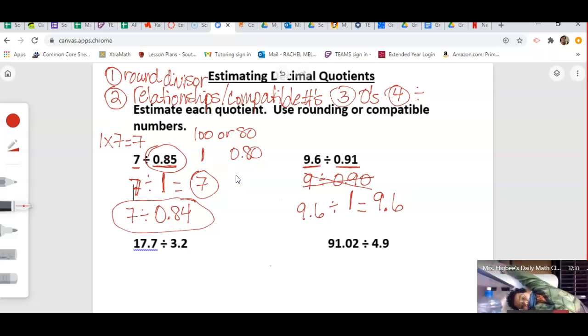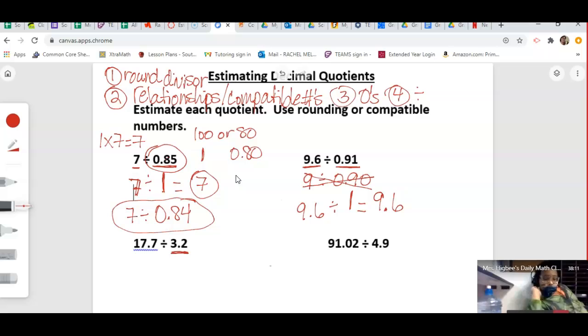Now looking at 17 and 7/10 divided by 3 and 2/10. I'm going to start calling on some people that I haven't heard from yet. Antoine, what would you do with 3 and 2/10? Okay. Wyana, help him out. What would you do with 3 and 2 tenths?